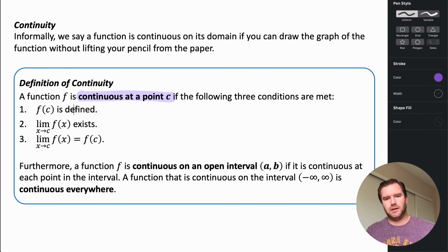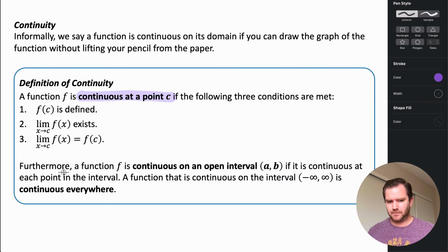If there's a hole, if it's not defined at a value, it's not continuous. The limit must exist, which means the left and right-hand limit have to be the same. And not only that, in order for it to be continuous, the limit of our function at c has to be the value of our function at c.